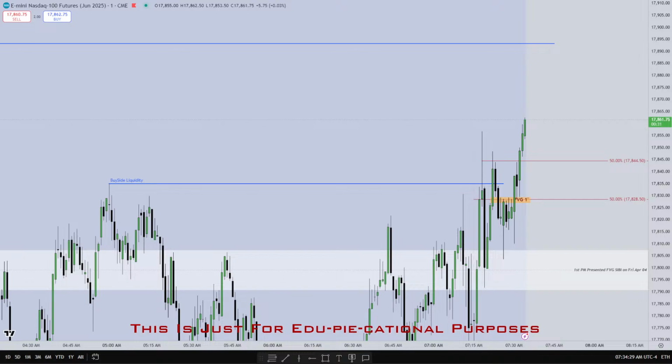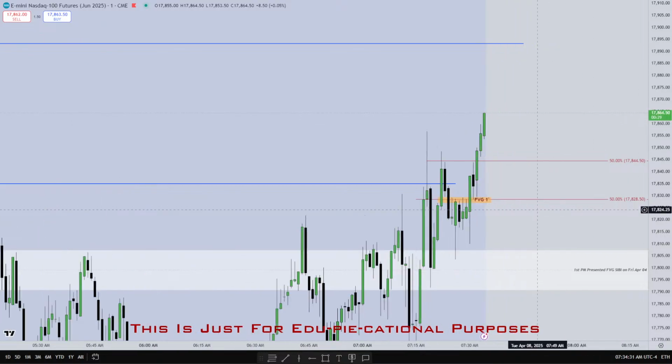This is happening because, as I was saying, we have this fair value gap and the market at 7:31 traded into this fair value gap and started its move toward this pool of liquidity. Okay, still the market is soaring up. This is quite interesting to me.